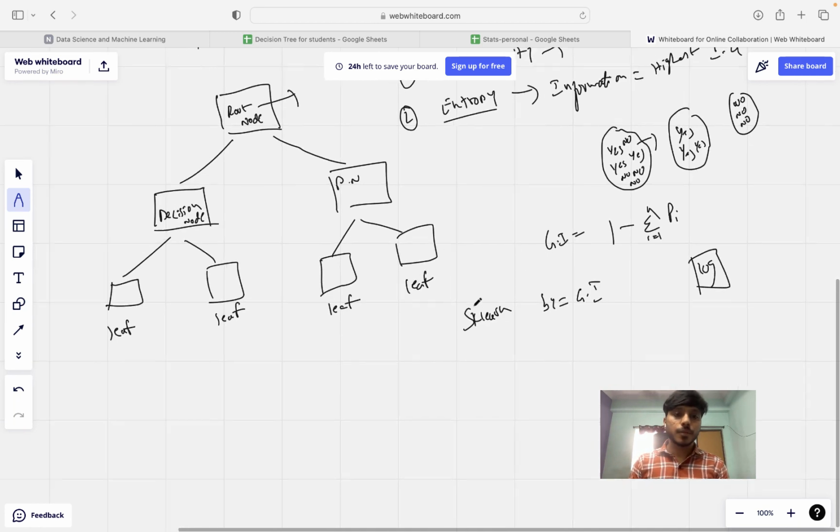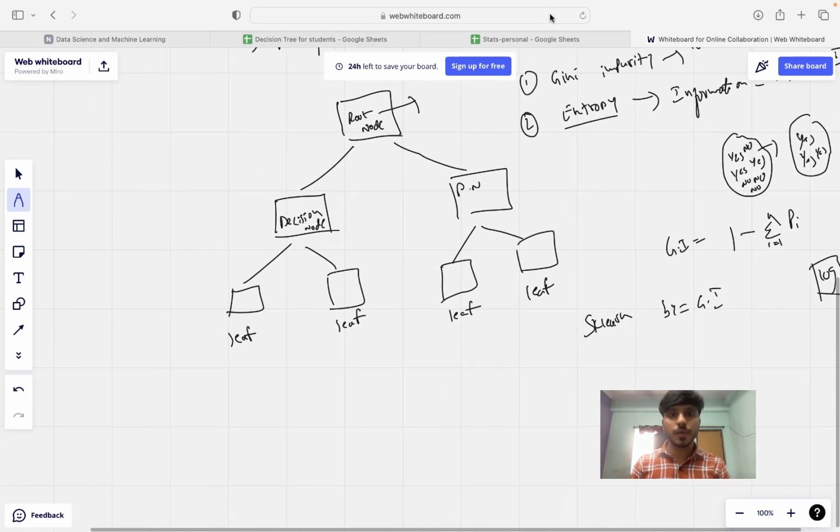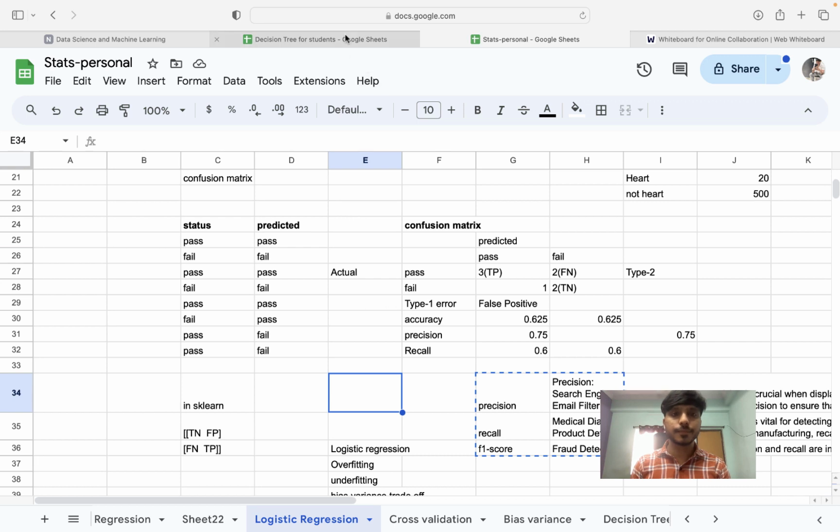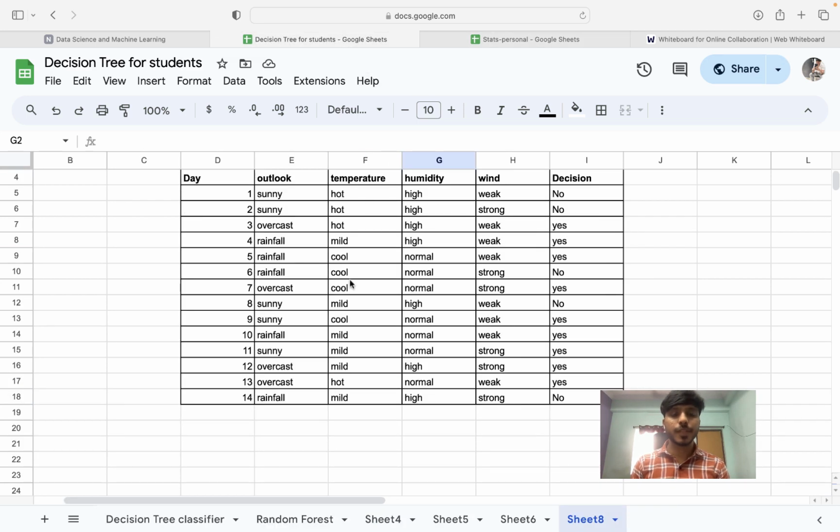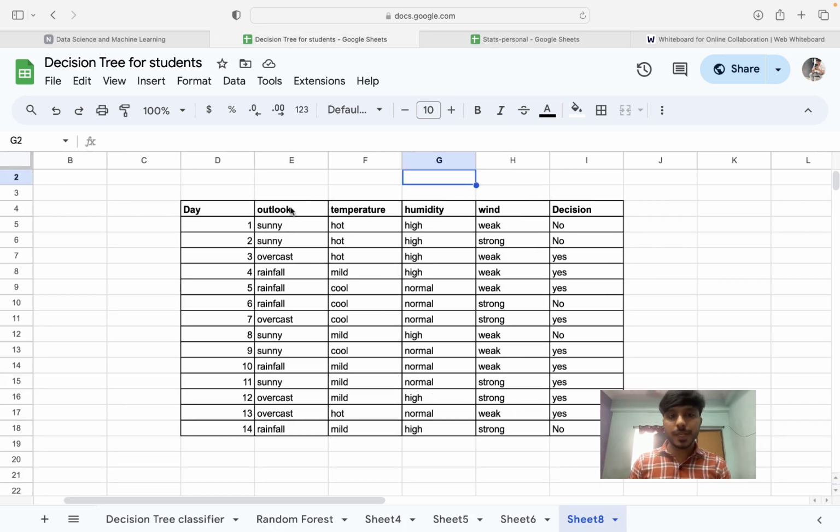Okay, so let us go to our data set. This is my data. If you are going ahead with Gini impurity, you need to pick a root node. To pick the root node, you need to have a Gini impurity value.